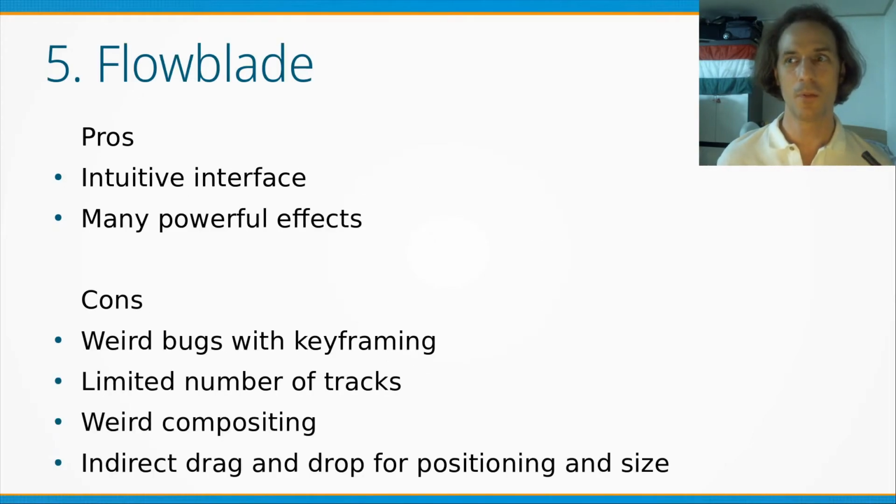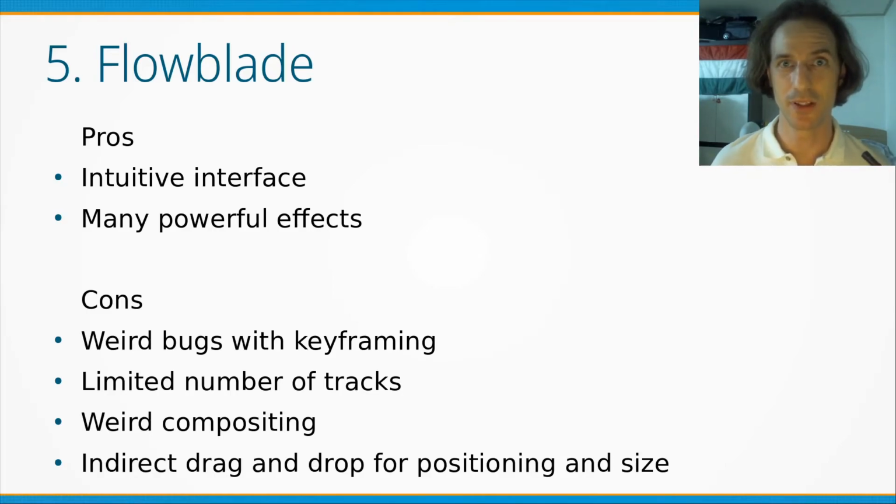So number 5, Flowblade, is very similar on my list with OpenShot, because the interface and the effects that these two software offer are almost on the same level in my opinion. But in Flowblade's case, the keyframing would be better than OpenShot if these weird bugs were repaired.